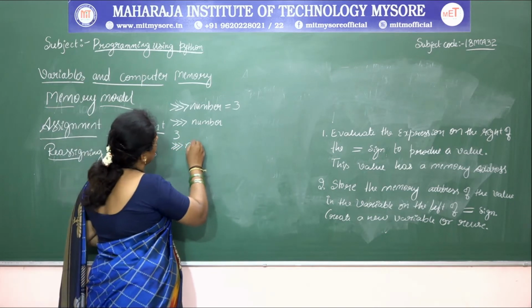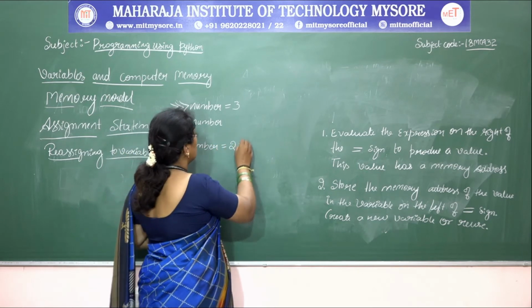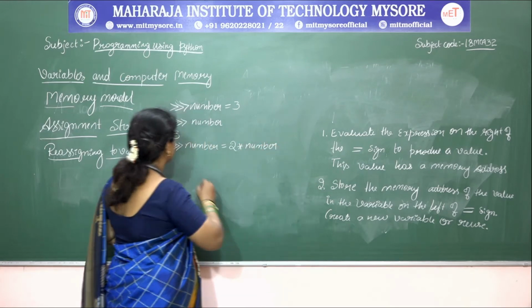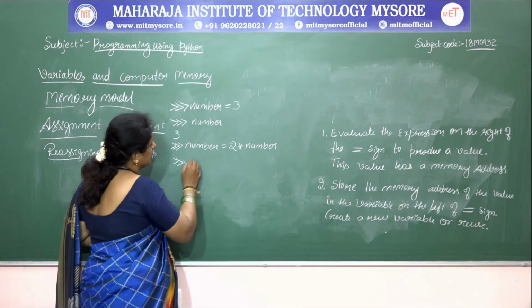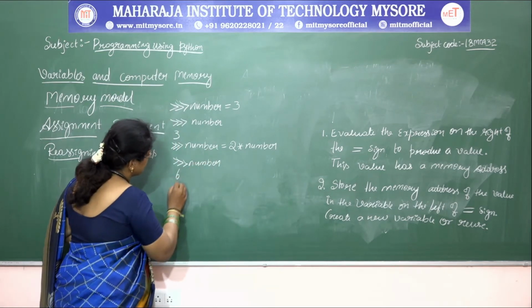Then number = 2 * number. I am displaying the content of number. So it is 6.